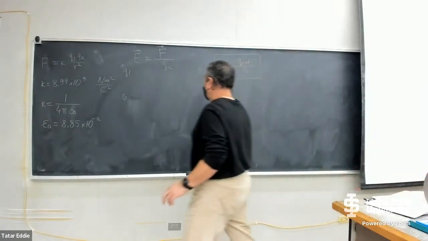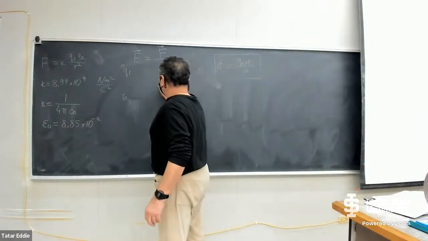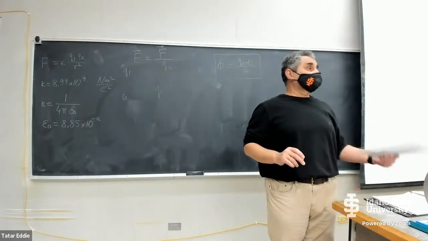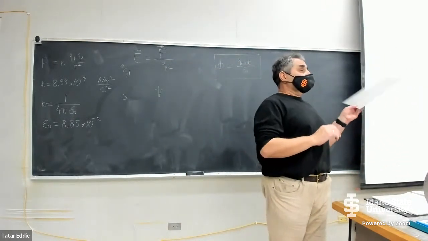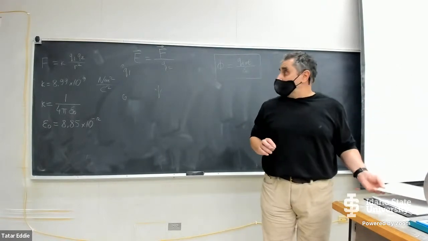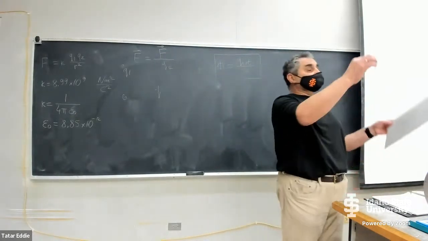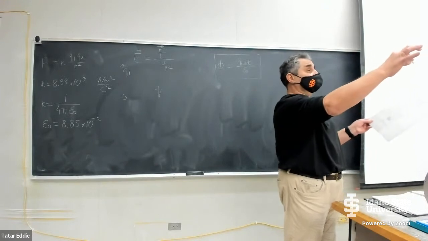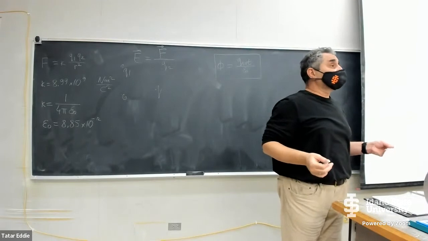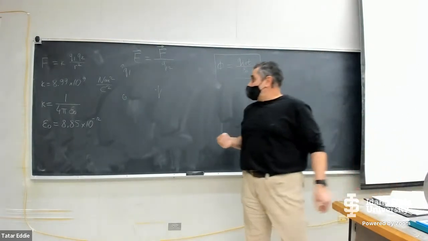So the question for us is, if I have a total excess charge Q that I place on the surface of this fat piece of metal, what is going to be the electric field at a certain place, let's say somewhere here, at a distance of 20 centimeters or so from this very large piece of metal.